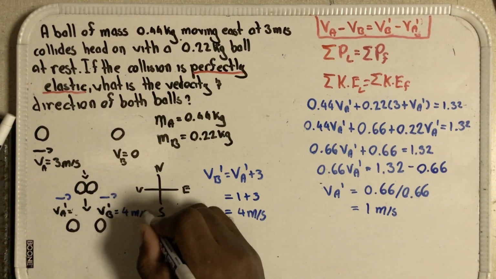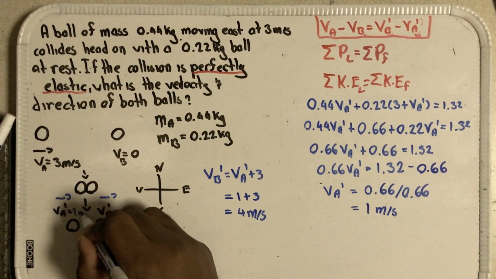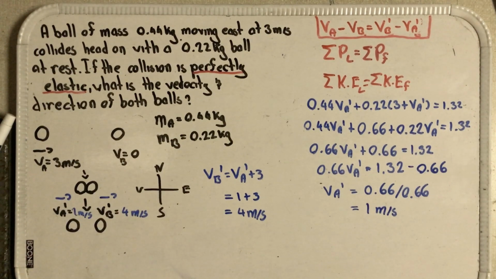It's just that B is moving faster and A is moving slower. So the ball at A transferred its energy to the ball at B, and because of this transfer, A is now moving a whole lot slower. Also, B was much lighter. A was twice as heavy as B, so B is going to move faster.